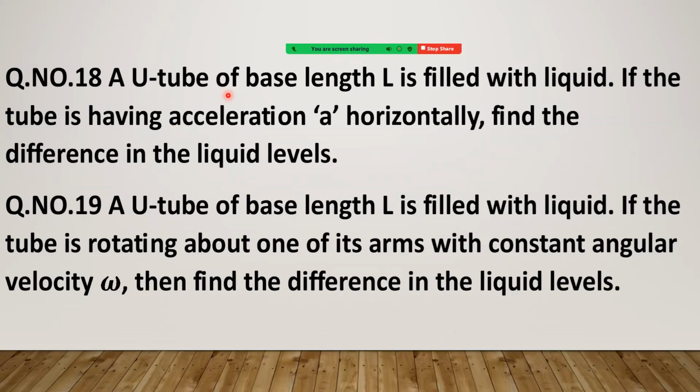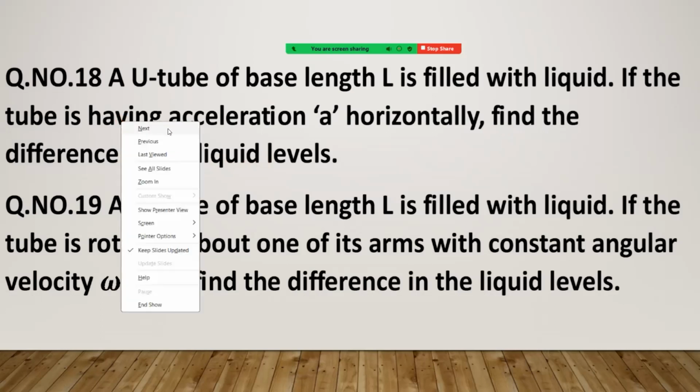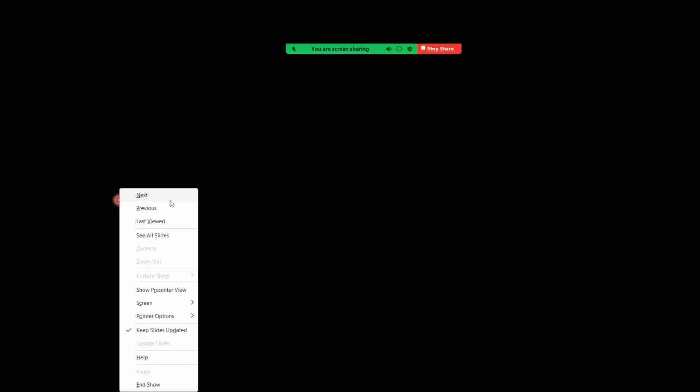A U tube of base length L is filled with liquid. If the tube has acceleration A horizontally, find the difference in the liquid levels. Let us see how to get it.